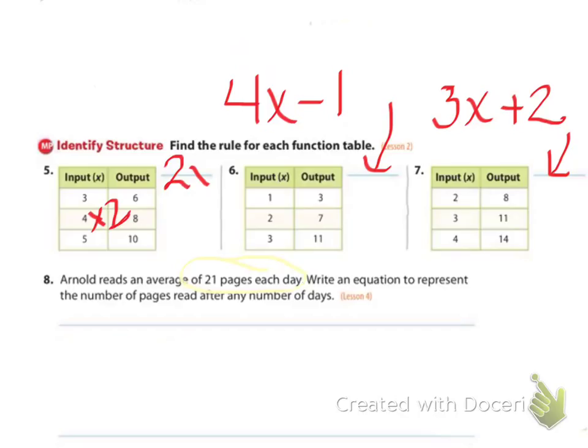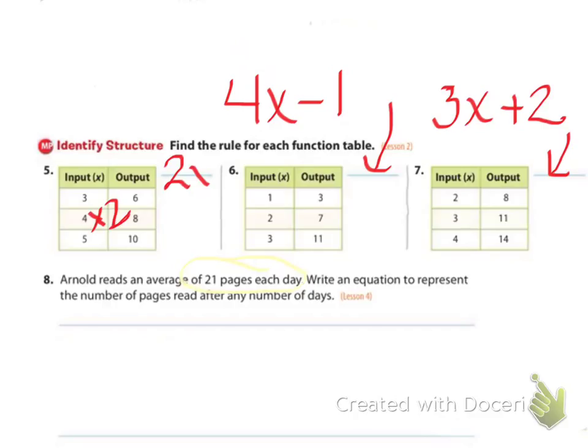21 pages each day. That's going to go together with the 21 each day, every day, per day. You should be thinking that you need to multiply there. So you're going to write an equation to represent the number of pages read after any number of days, okay? Now, you could use any letters that you want for your variable.